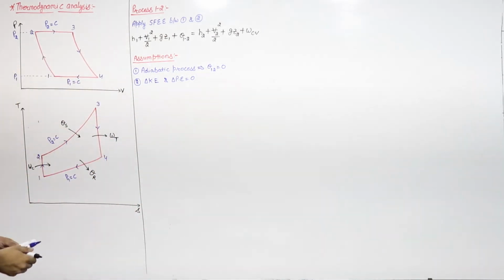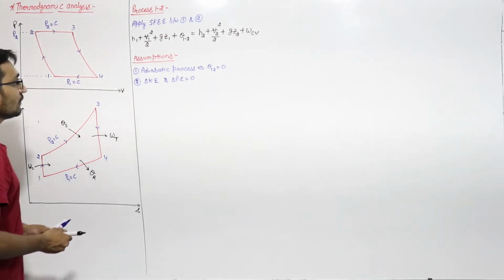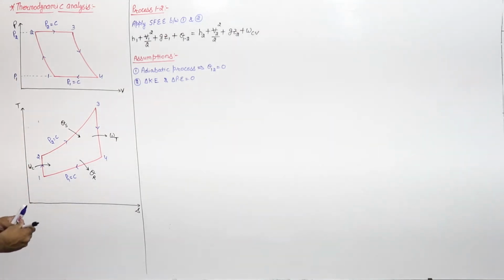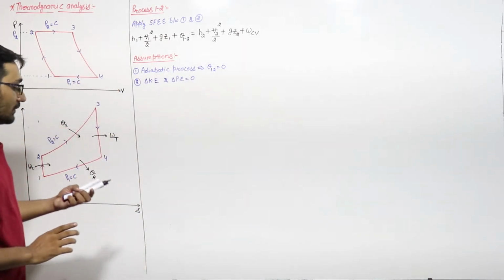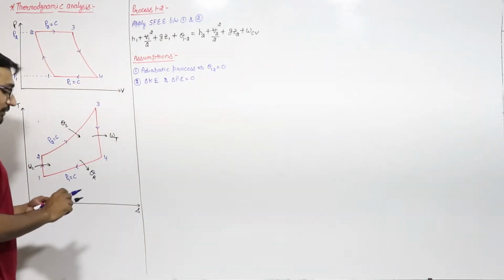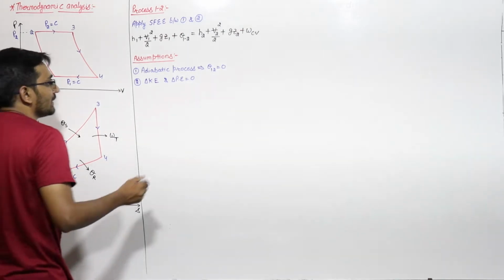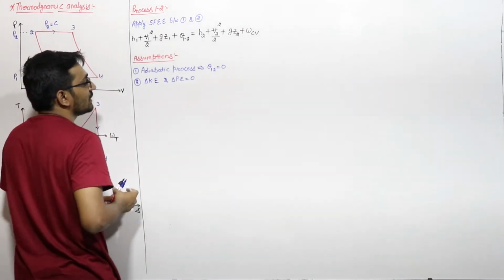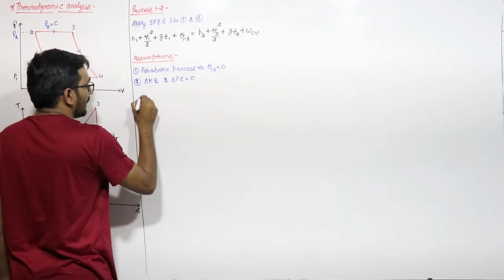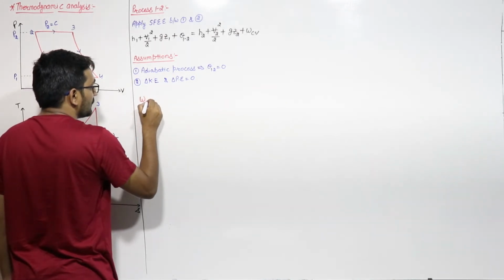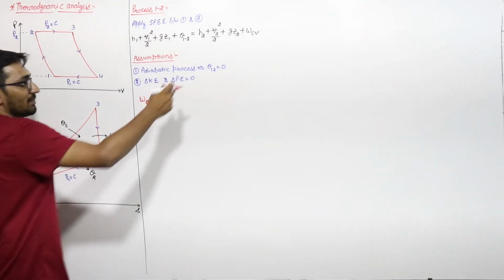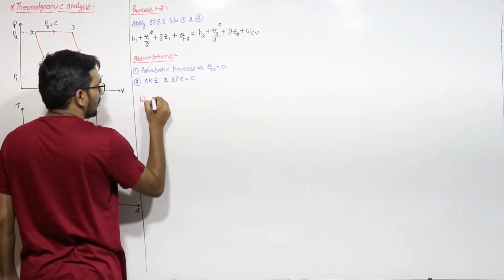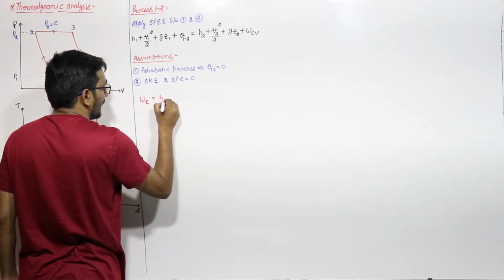And this is a compressor, so work is done on the system, so this will be negative. From here you can simply write that the work consumed by the compressor, the work required by the compressor, with a minus sign, will be equal to H2 minus H1.